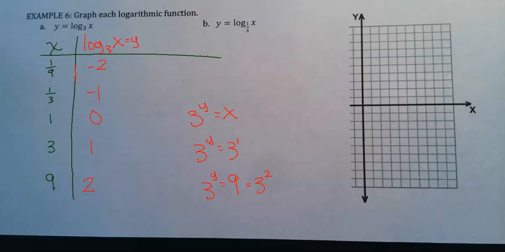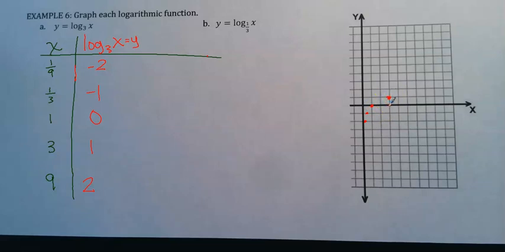All right, and we're supposed to graph this. So let me go ahead and graph my red equation here. So I've got 1/9 and -2. So 1/9 I'm barely going over, and then I've got -2. So it's like right there. 1/3 is -1. 1 is 0. 3 is 1.